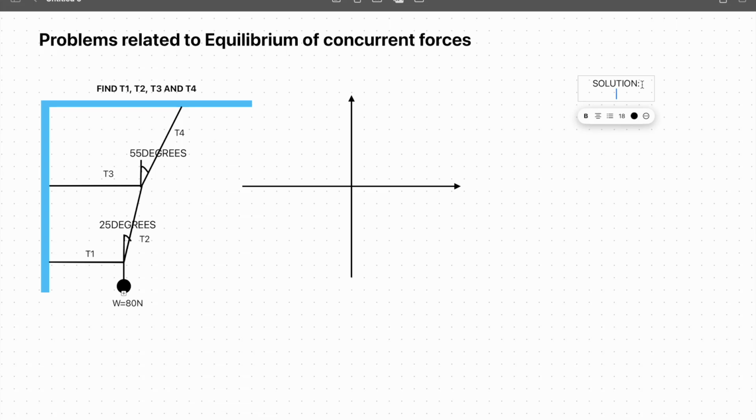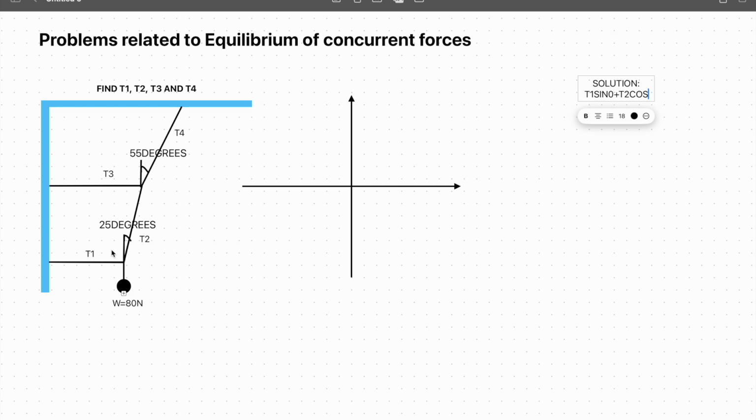For T1, if we separate it into two components and take the T1 sine component along the y-axis, perpendicular, it's T1 sine of 0, or cosine of 90, whatever you can say, because it's on the 0 line, so it's 0 clearly. Plus T2 cosine 25.